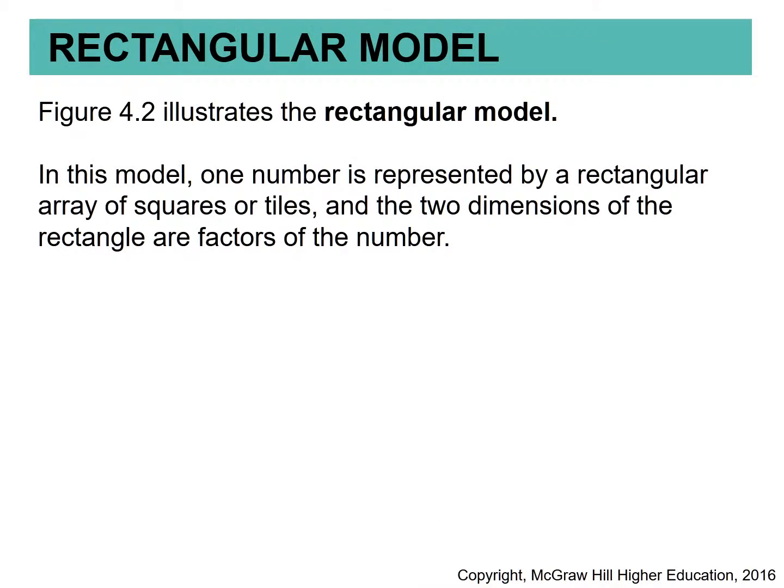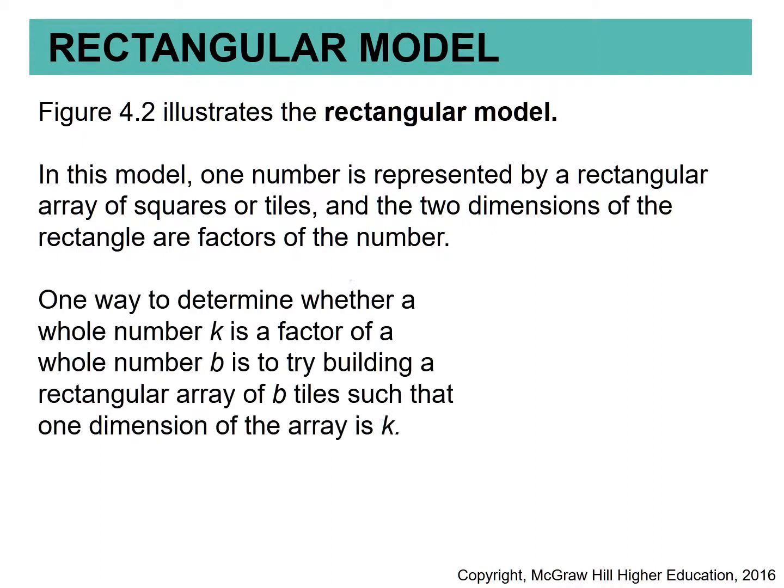Another model, which really relates to the area model of multiplication we were using with the base 10 models, is a rectangular model. In this model, if I have one side representing one factor and another representing a second factor, then I get the multiple by multiplying those two together.